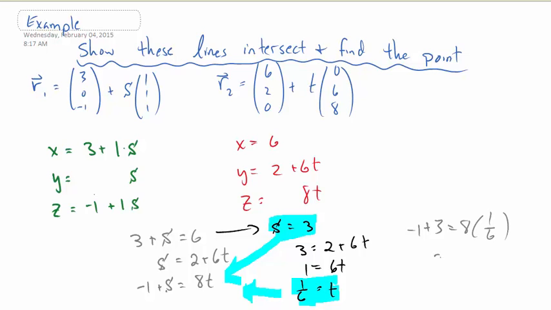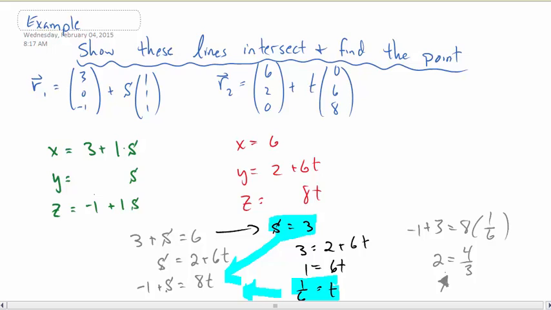We get 2 equals 4/3. What? 2 doesn't equal 4/3, so it's okay. What this means is that these two lines do not intersect each other. If they did intersect each other, we would get a statement of equality right here. But they don't, and that's okay.